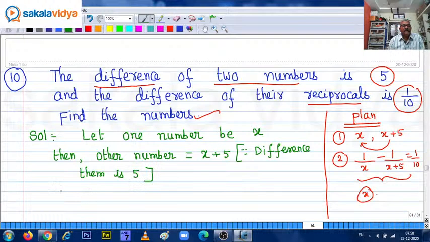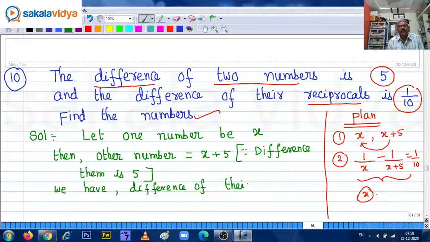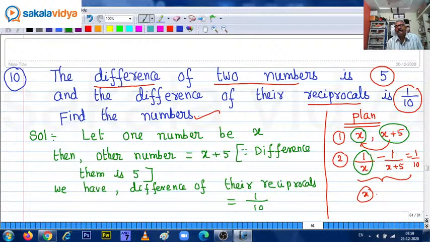And what is given next? We have the difference of their reciprocals equals 1 upon 10. Reciprocal of x is 1 upon x. Reciprocal of x plus 5 is 1 upon x plus 5. The difference, 1 by x minus 1 upon x plus 5, is 1 by 10.